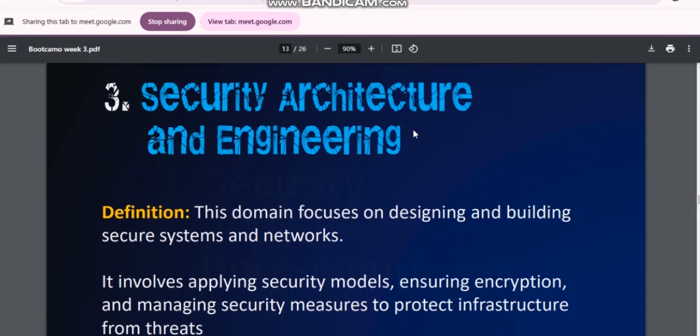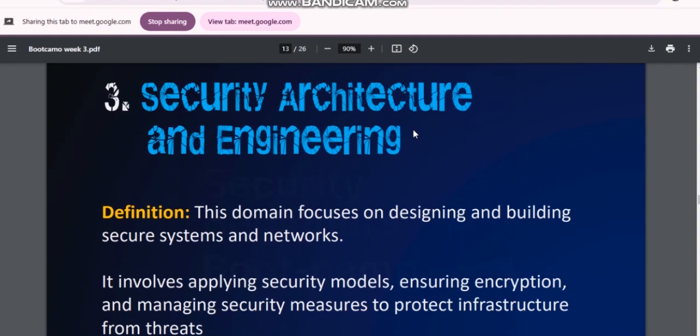So, definition: this domain focuses on designing and building secure systems and networks. It involves applying security models, ensuring encryption, and managing security measures to protect infrastructure from threats.